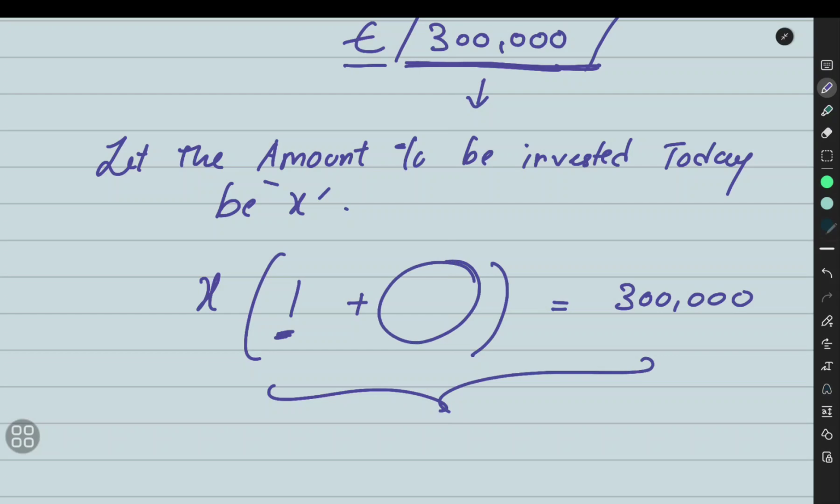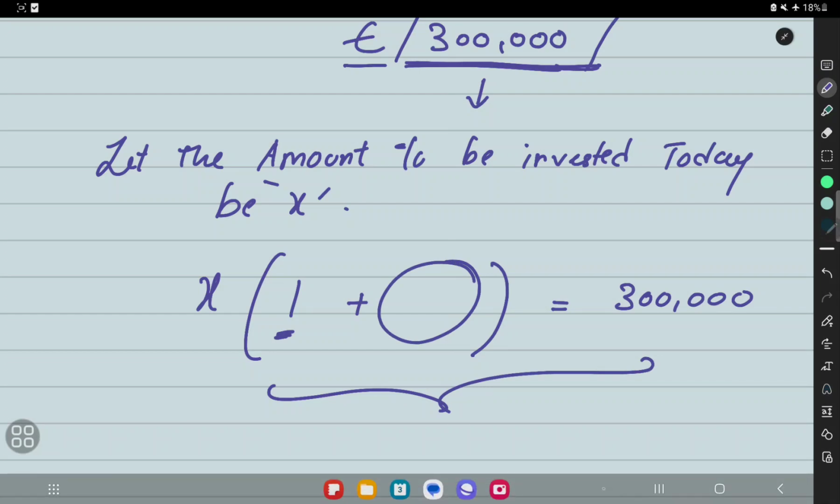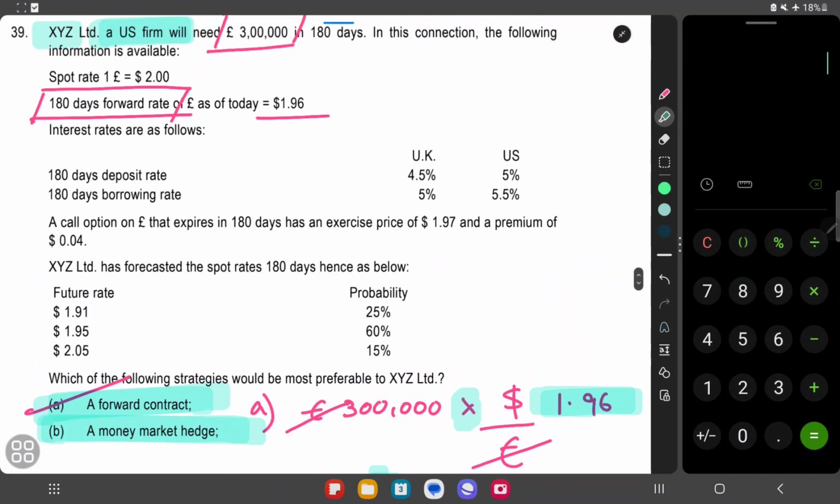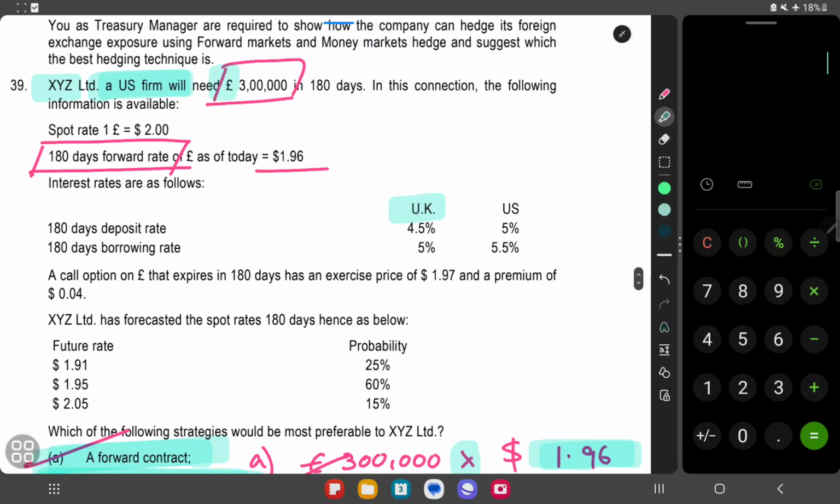Now the interest component. For that, I will have to go to the question to get the rate. So here we are in the question. We have the UK rate. Why UK rate and why not US rate? Because what we are investing is pounds, 3 lakh pounds. Okay, hence the UK rate. Deposit or borrowing. Deposit is of no use to us.